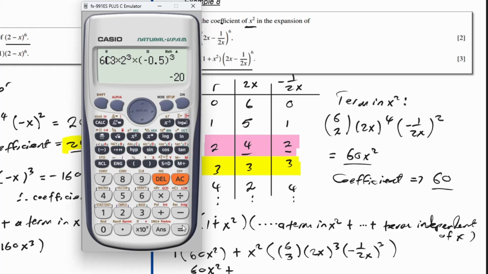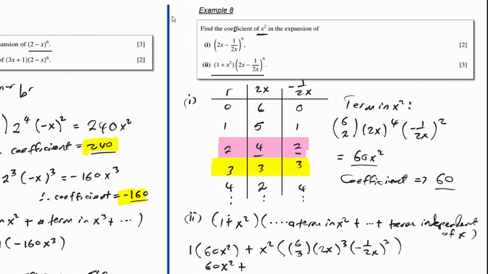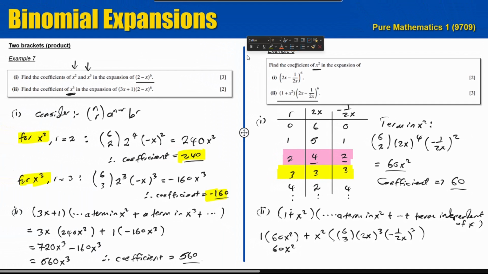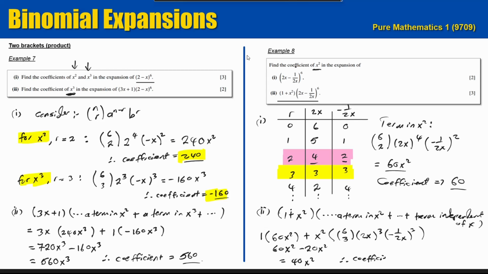And we get negative 20. So this whole thing gives us negative 20x squared, which gives us 40x squared. So the coefficient, which is the one they want, is equal to 40. And that's how we do it for this particular question.